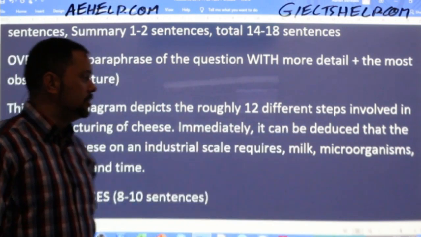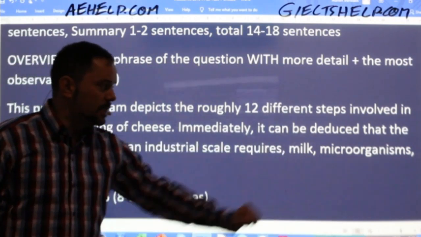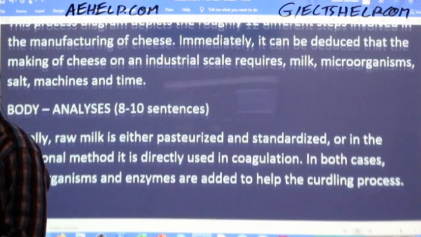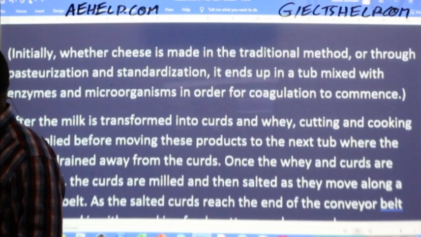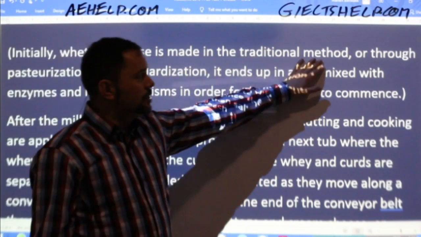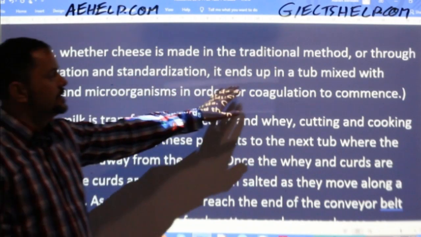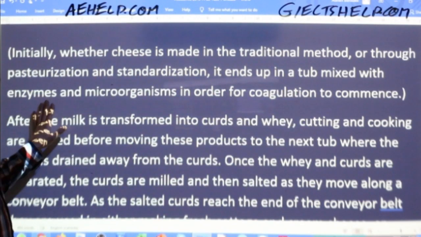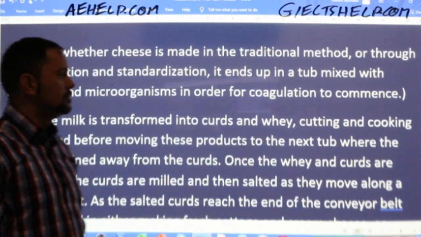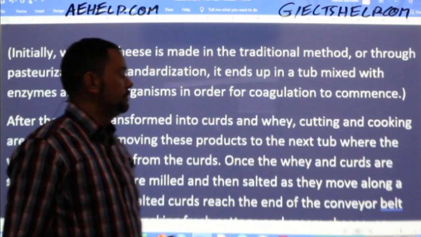Immediately, it can be deduced that the making of cheese on an industrial scale requires milk, microorganisms, salt, machine, and time. Initially, whether cheese is made in the traditional method or through pasteurization and standardization, it ends up in a tub mixed with enzymes and microorganisms in order for coagulation to commence. Commence is a fancy way of saying start.